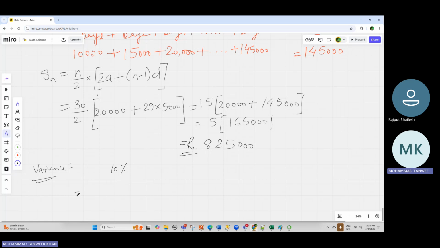The next thing is, on the safer side, they will tell you, find the 10% and reduce it from the total. So from this, if you subtract 82,000, you will get something like 7,40,000 approx. Something close to this will come. So from this they will get an idea that however bad the market gets, the business will be around 7,40,000 at least.